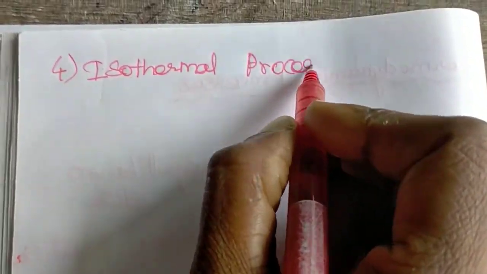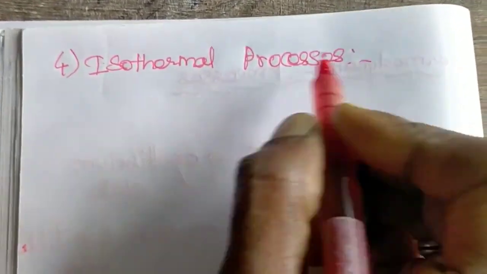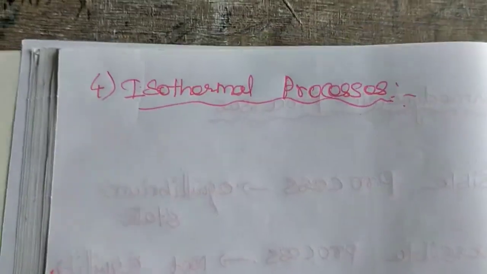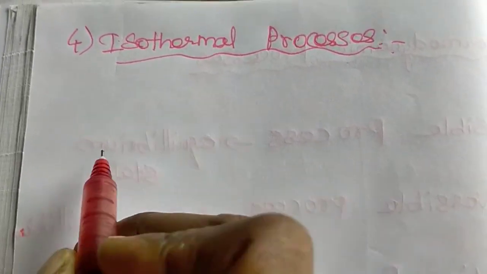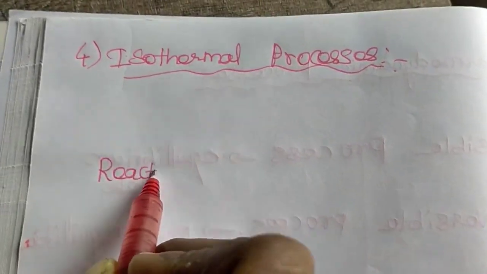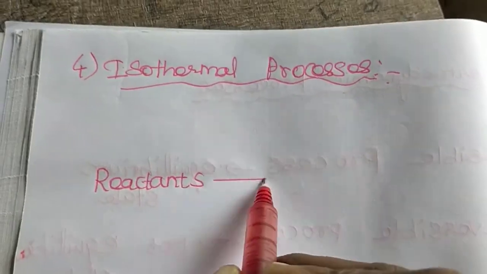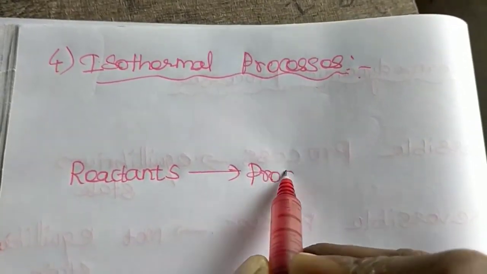So what is the next thermodynamic process? It is the isothermal process. Take one thermodynamic process in which reactants convert into products.